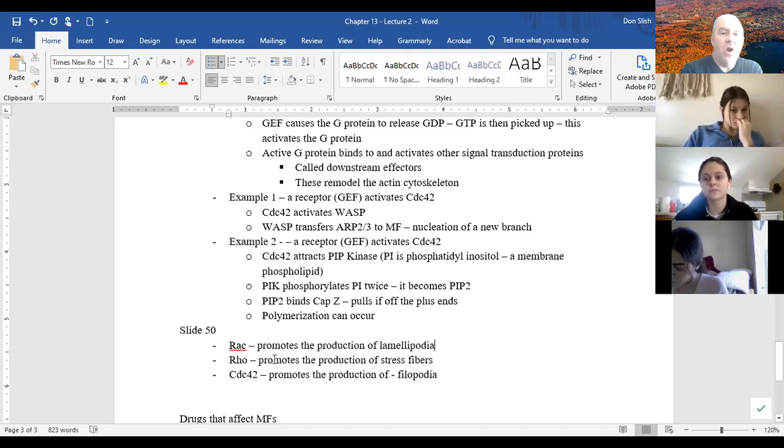But anyway, what I want you to know, don't worry about which thing activates WASP, but know this: that Rac is lamellipodia, Rho is stress fibers, CDC42 is filopodia. Actually, let me just take this out of my notes. Let's just say G protein.